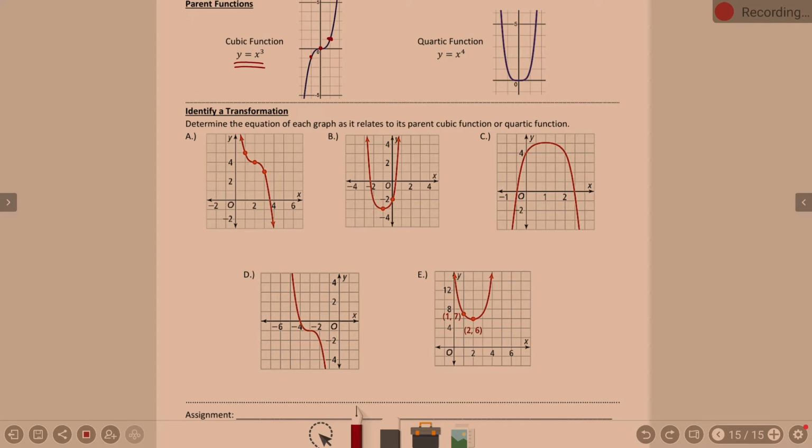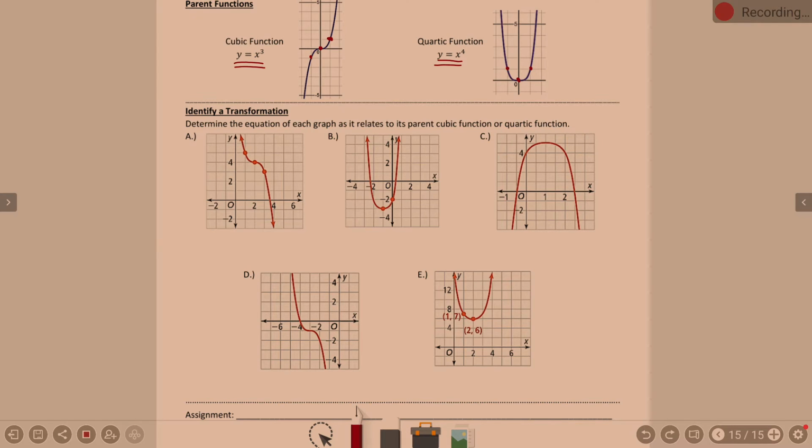We also talked about the quartic function, y equals x to the fourth. It kind of looks like a parabola. It has a vertex at (0, 0), just like x squared, and just like x squared, its first set of points are over 1, up 1. You want to pay attention to that because these are the ways we can know if there is a stretch or a compression.